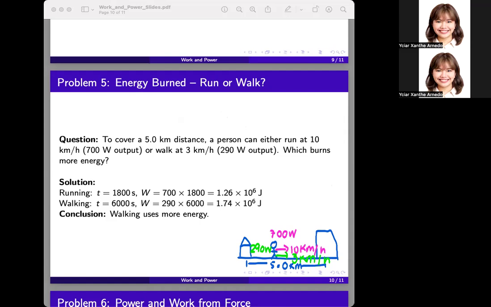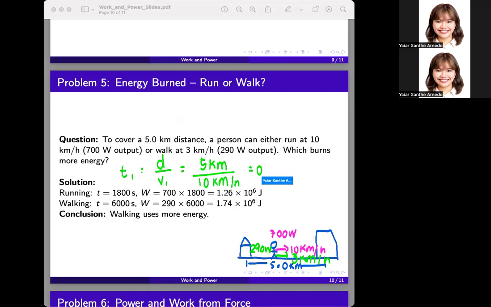Okay, given the displacement, velocity, and power, we just plug that in. T1 would be D over V1, which in this case would be 5 kilometers over 10 kilometers per hour.